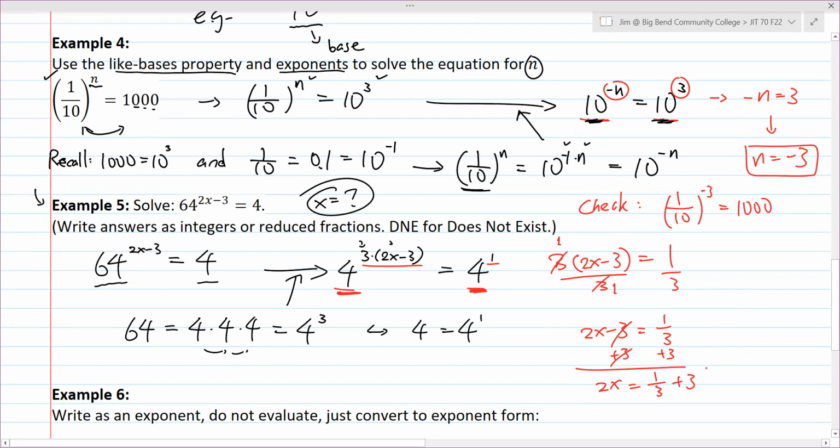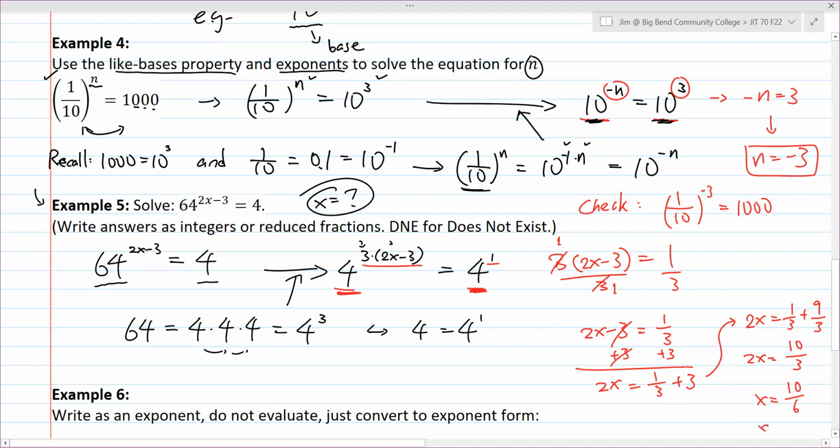And then if you combine the fraction with a number, you'll get 2x equals 1 over 3 plus 9 over 3. You turn the value of 3 into a fraction, and then you'll get 10 over 3. And then you divide the equation by 2, so the answer will be 10 over 6.